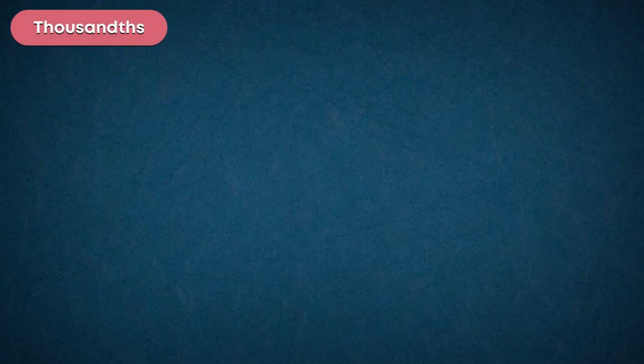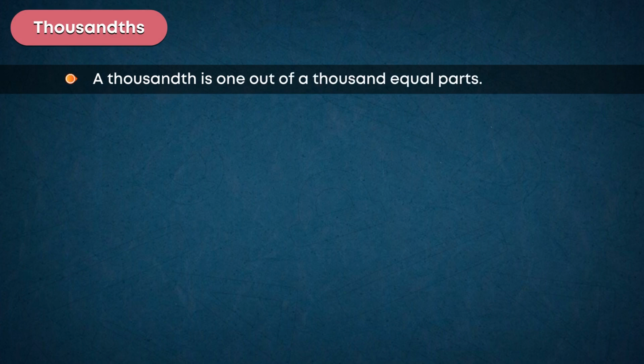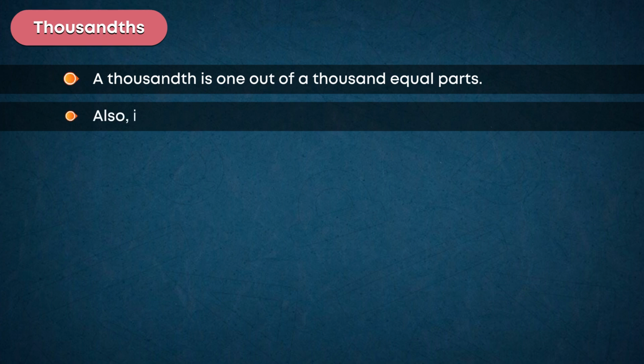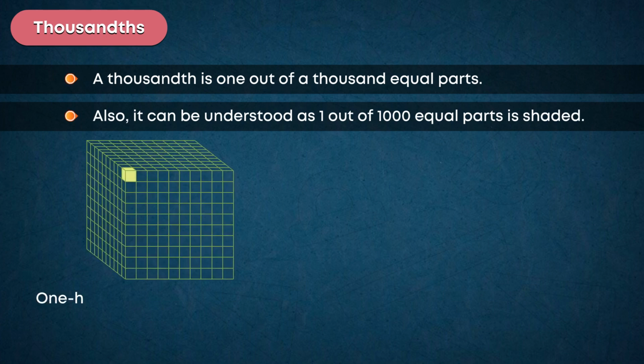Thousandths. A thousandth is one out of 1,000 equal parts. Also, it can be understood as 1 out of 1,000 equal parts is shaded. 1/1000th fraction is equal to 1 by 1000.